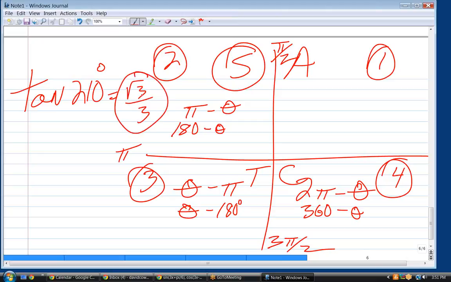Although I usually don't put the sign on it until the last step. In other words, I do it in a 4-step process every time. I figure out which quadrant, what the equivalent first quadrant angle is, what the numerical value is, and what the plus or minus sign is, in that order.